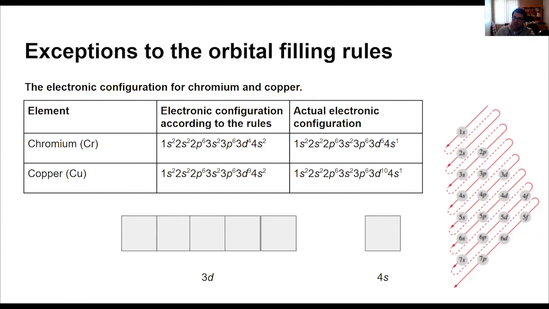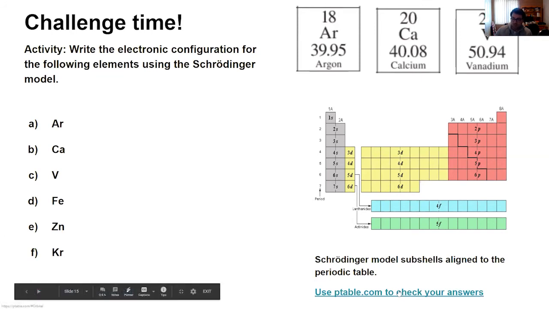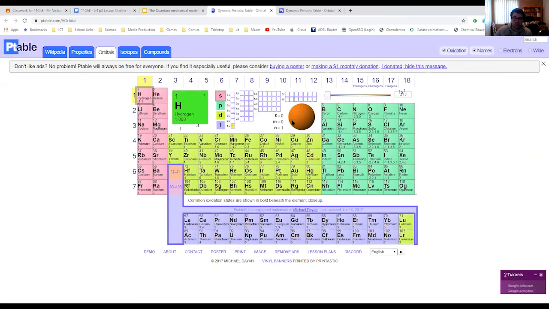Alrighty, let me just get rid of the annotation tools. Alrighty, now we're going to finish on today with just some challenges. Now these are challenges for you to do. What I wanted to show you is how you could actually find the answers for these before we go. Okay, so just going to ptable.com.